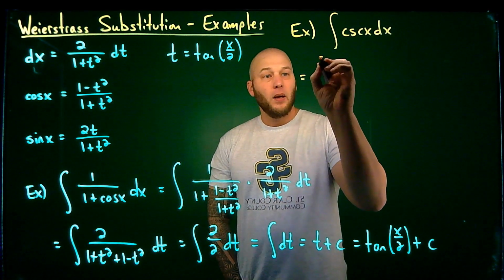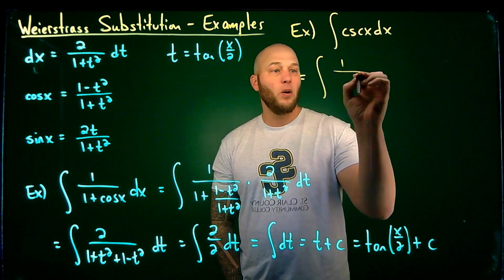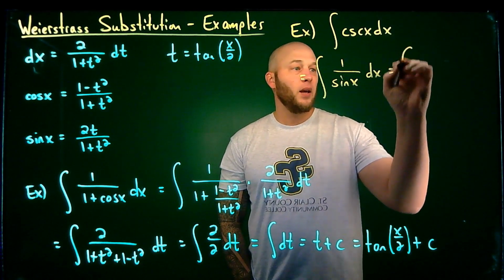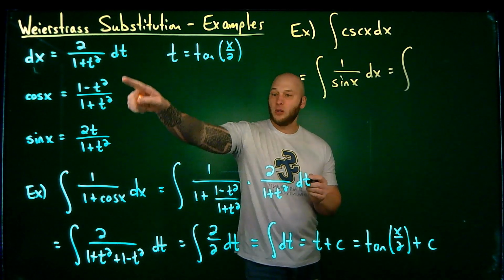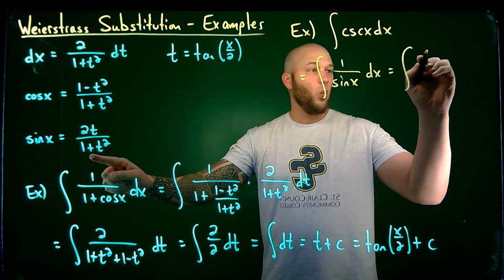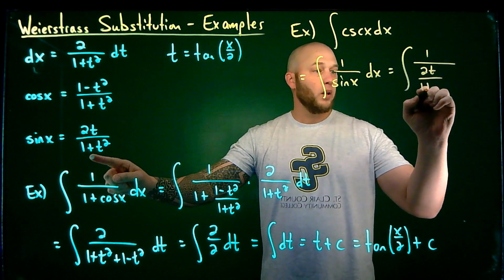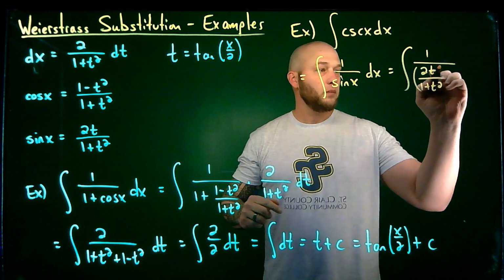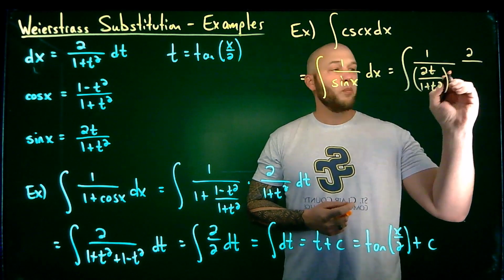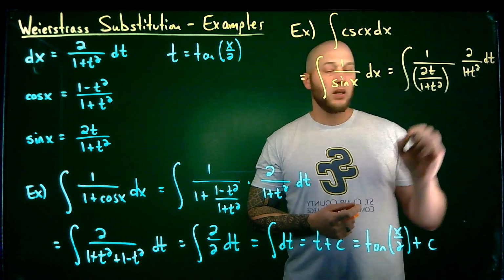Well, cosecant, of course, is the reciprocal of the sine function, so 1 over sine x dx. And now if I want to use this substitution, I'll replace sine of x with this expression. That'll give me 1 over 2t over 1 plus t squared, and then dx is 2 over 1 plus t squared dt.